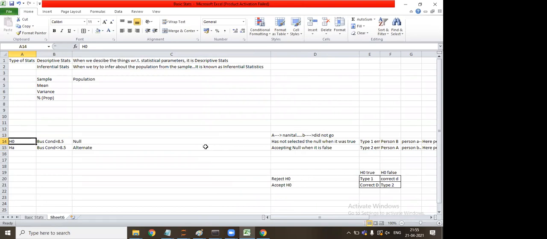Whatever we assume is the alternate hypothesis. Here the sample said it is 8.5, so null is 8.5. Whenever we say no, it might not be the null, then we say it is alternate. Am I right? Yes. This is hypothesis testing.